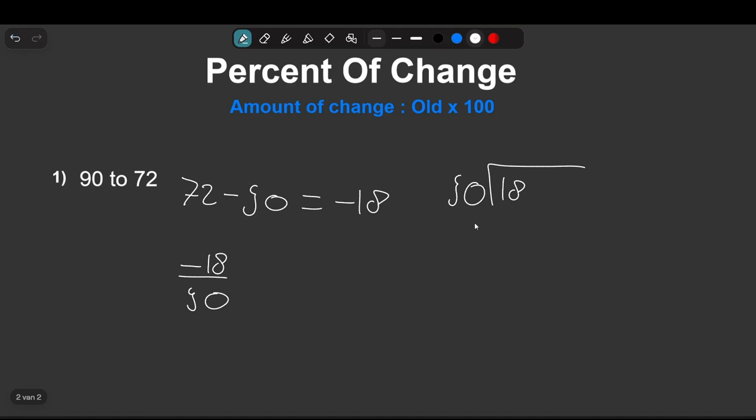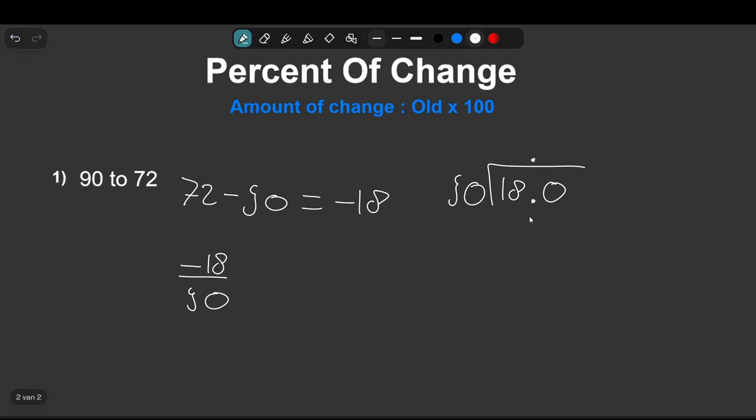So the first thing we want to look at is we want to check how many times does 90 fit into 18. Well, 90 doesn't fit even once into 18, so we have to put a decimal right here. And when putting a decimal, you have to take the decimal also straight up to your quotient to get the right decimal spot. So now we can put a 0 right here, and we can see this now as 180.